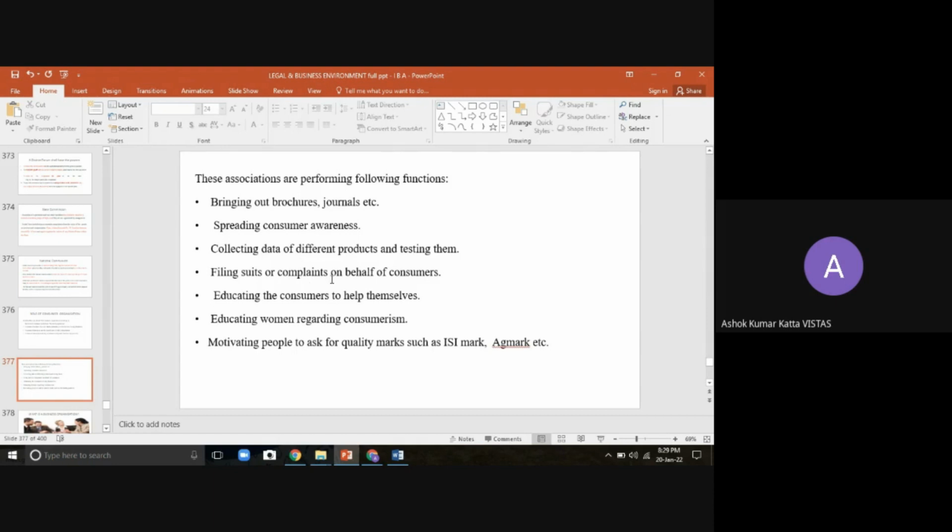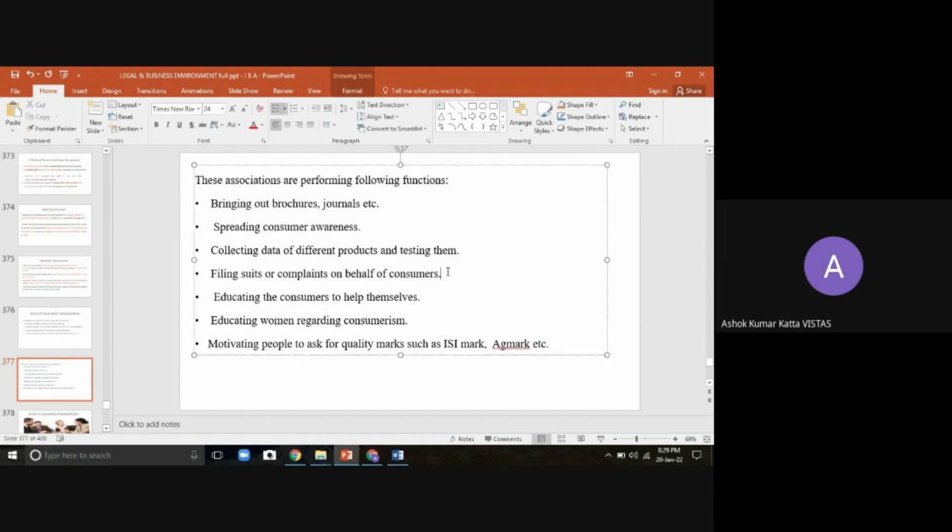Filing suits or complaints on behalf of consumers. This is the next stage. First, these firms will call the company people for settlement of the issue. If they are not settling the issue by replacement or money back or whatever it is, then ultimately they will file a complaint against the company.